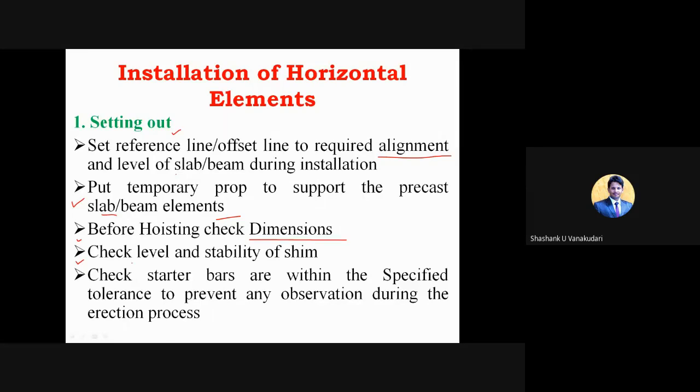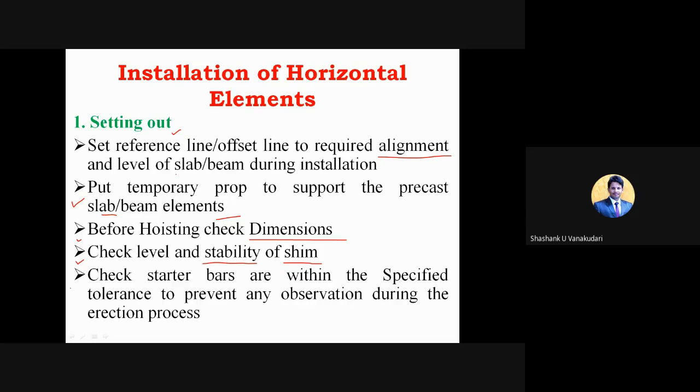We need to check the stability because these shim plates or shim pads depend on the weight of the structural element, and even the type of the structural element, whether it is concrete or steel. Based on that, the shim pads are decided. These shim plates are available in the market in various thicknesses, so we should check whether they are stable for the structural elements or not.